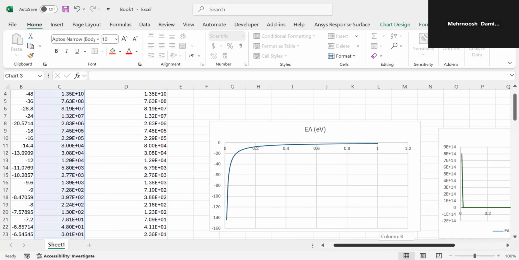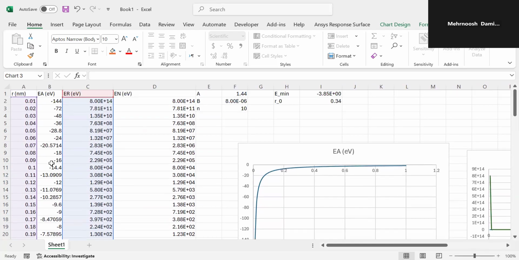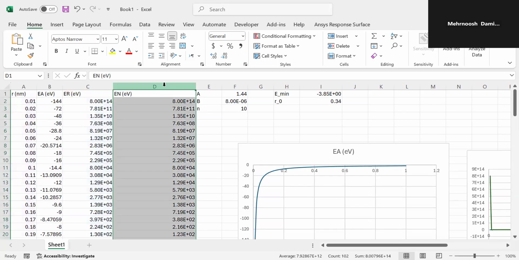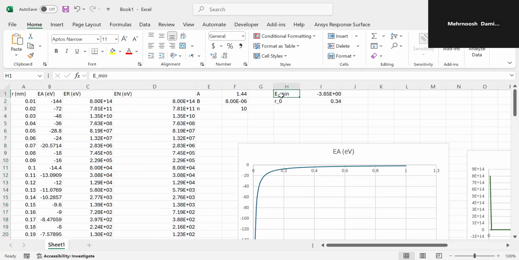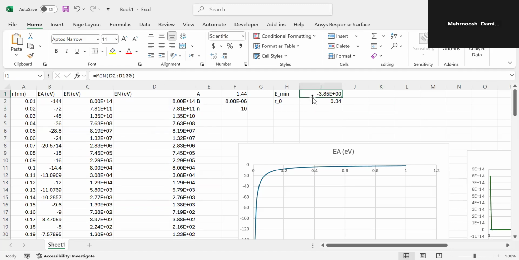Okay. If you remember, we said that the minimum energy is the bonding energy, or energy related to the bond. So we are looking for the minimum of this column, EN. How? I type here, label that E minimum, and say the minimum in this column, and it says, okay, it is minus 3.85.